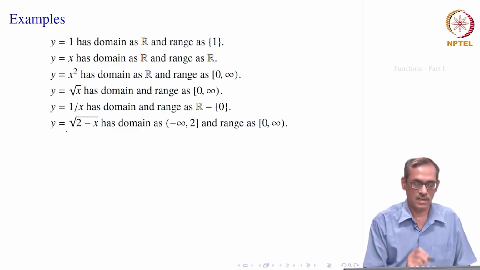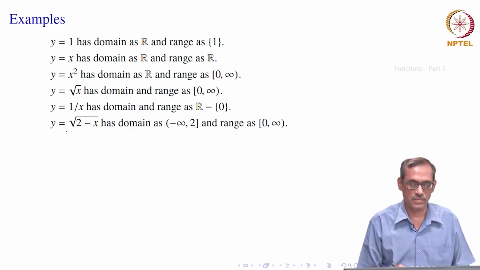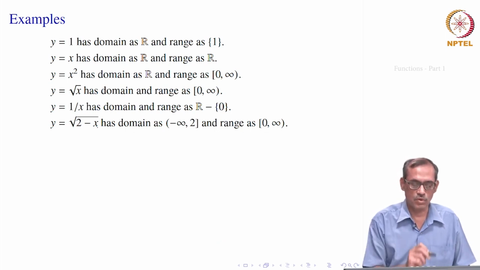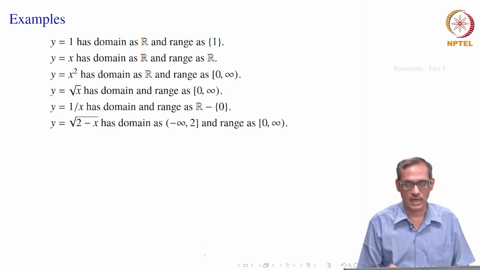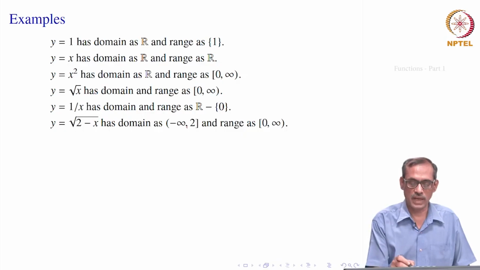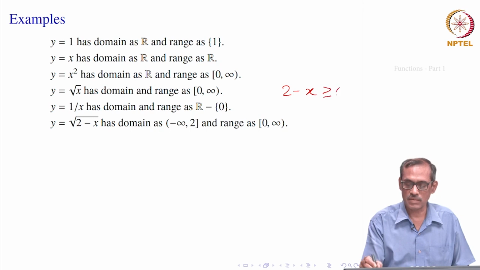Let us consider another function y equal to square root of 2 minus x. Now, how to get its domain? You have to see where it is defined. We know that square roots of non-negatives are only defined. So, 2 minus x must be a non-negative real number. That means 2 minus x must be greater than or equal to 0.